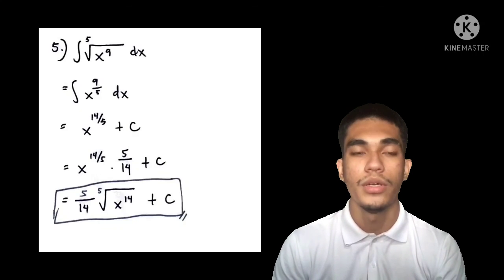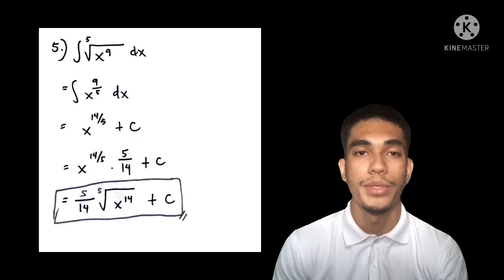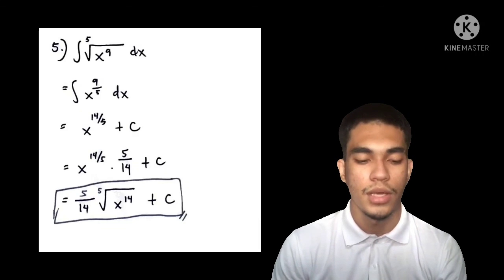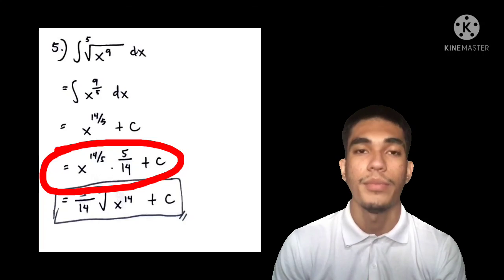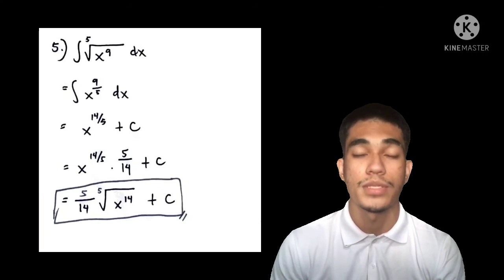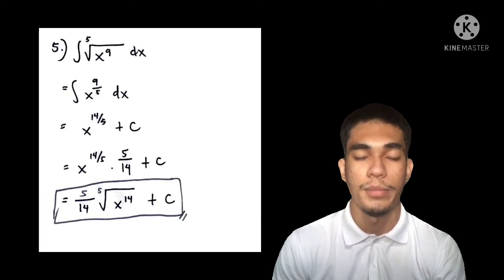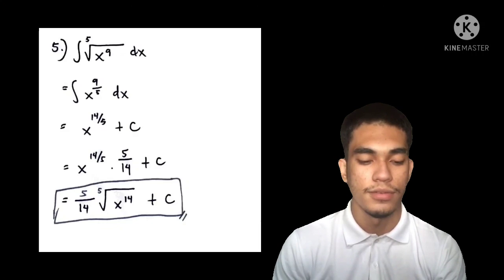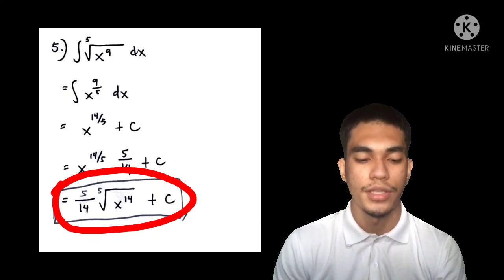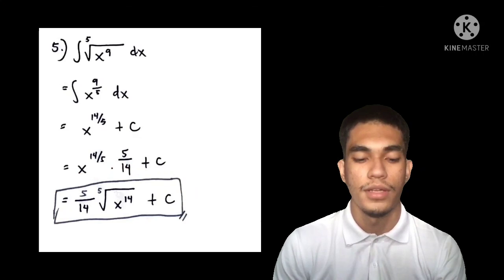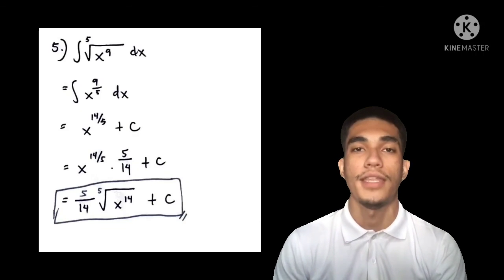Then, what we are going to do with the power is multiply by its reciprocal. Now we have x to the 14 over 5 times 5 over 14 plus c. Then we have 5 over 14 times the fifth root of x to the 14th power plus c as our final answer.